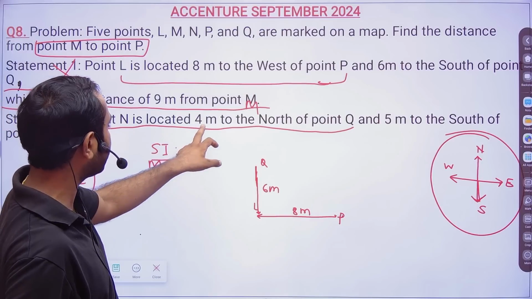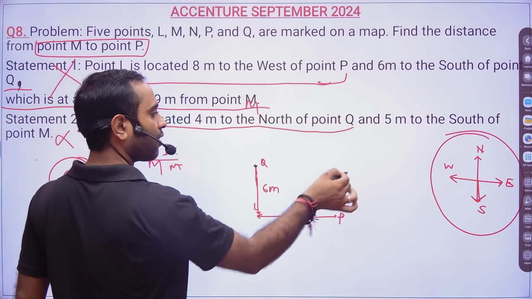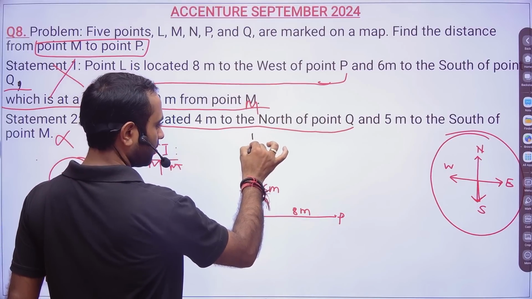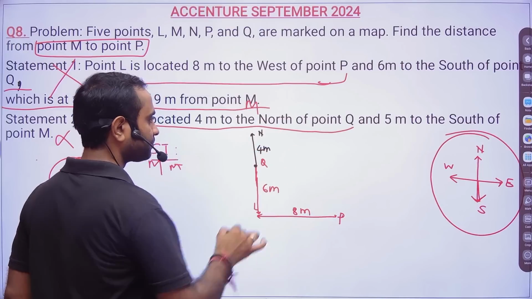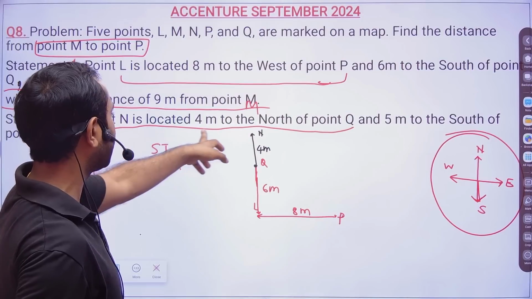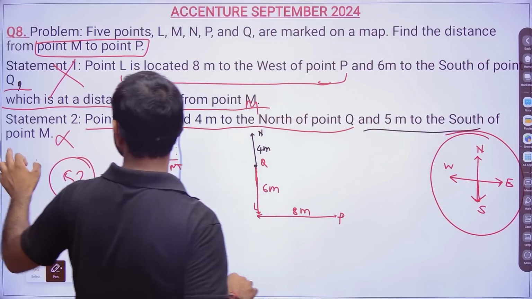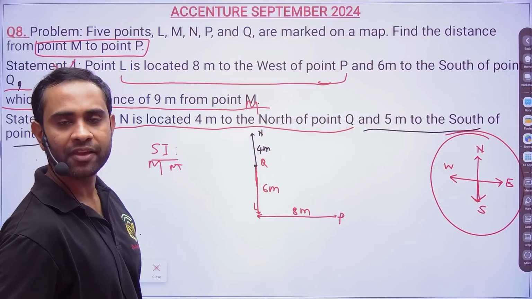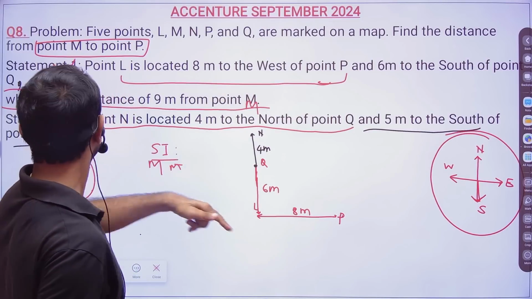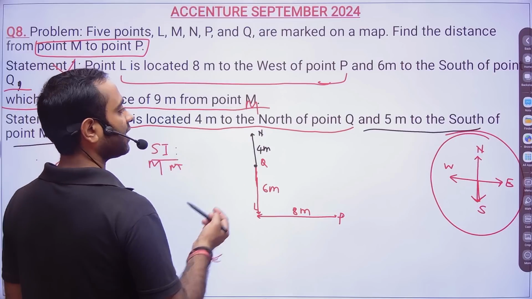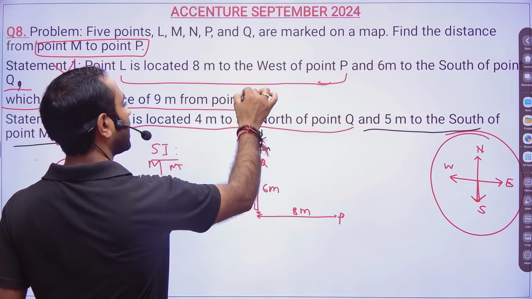So point N is located 4 meters to the north of Q. North means up, so point N is here, 4 meters north. Point N is also 5 meters to the south of point M. So M will be here.